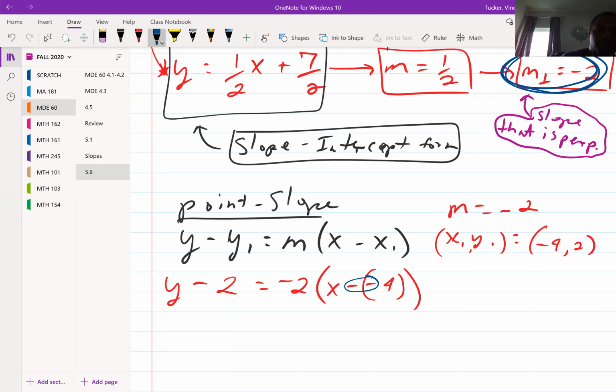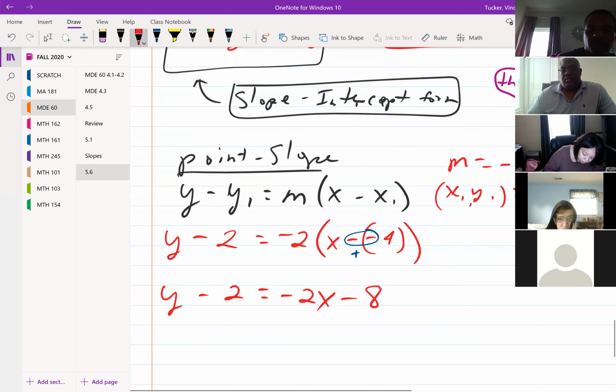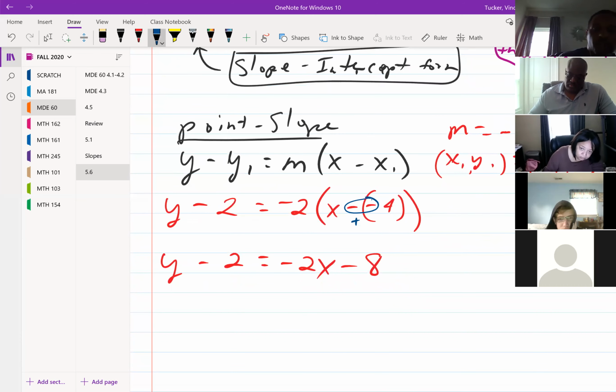Negative to a negative turns positive. So we have y minus 2 equal to negative 2x. And like I said, this is a positive. So negative 2 times 4 is negative 8. All right, and now we can add 2 to both sides.